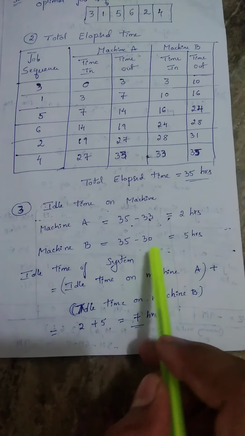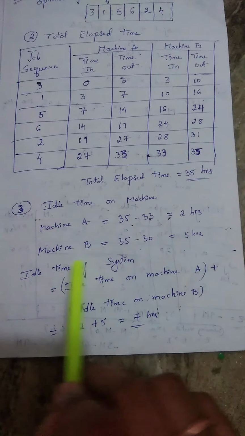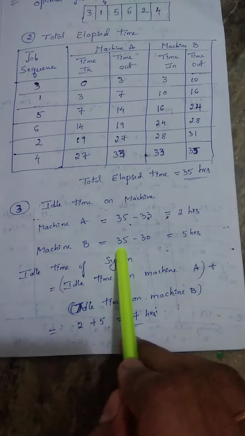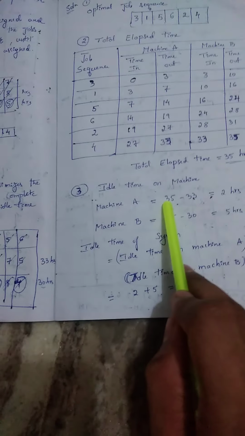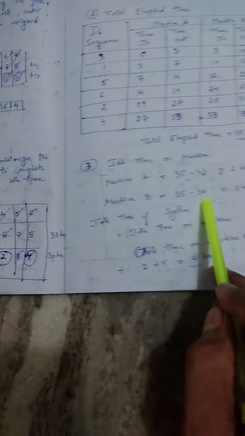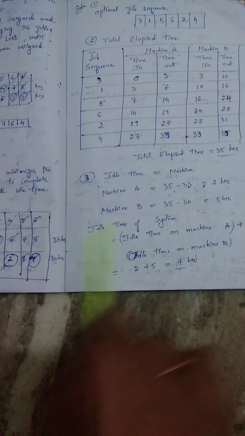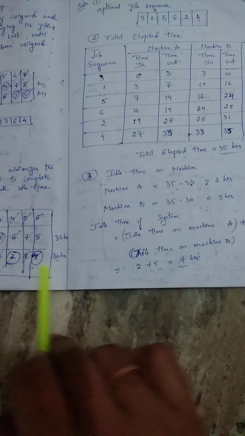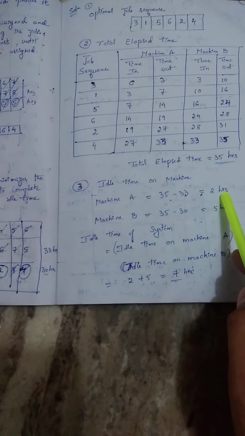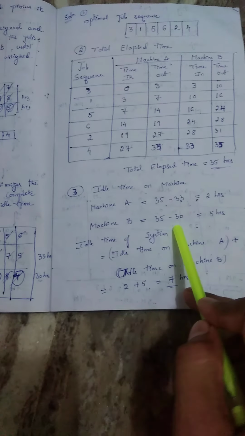We are subtracting the working hours of machine B from the total elapsed time. 35 minus 30. 35 minus 33 for machine A, and 35 minus 30 for machine B. Machine A gets 2 hours idle time, and machine B idle time is 5 hours.